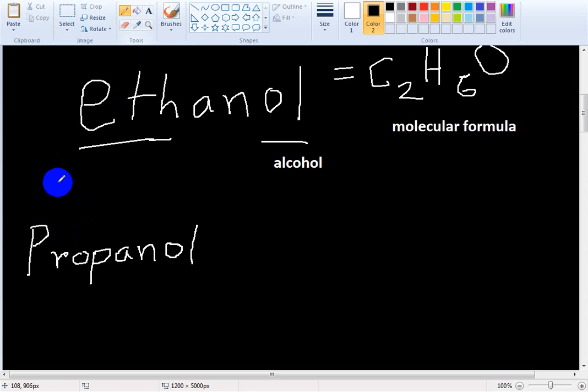If I write propane, this is the suffix "ane", and this is the suffix "ol".